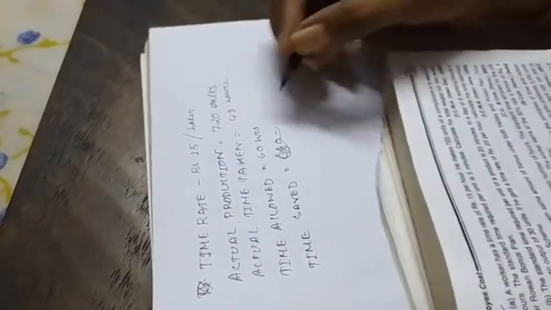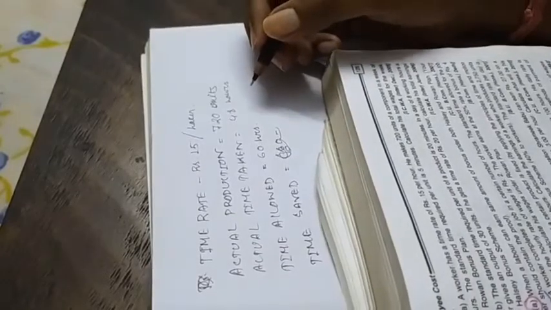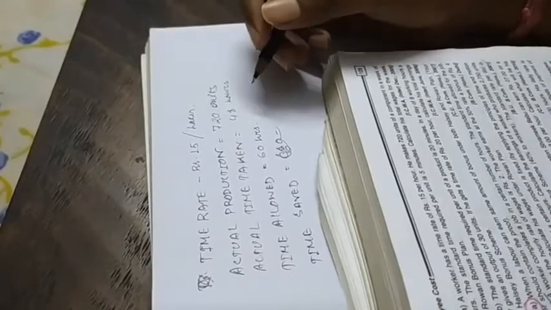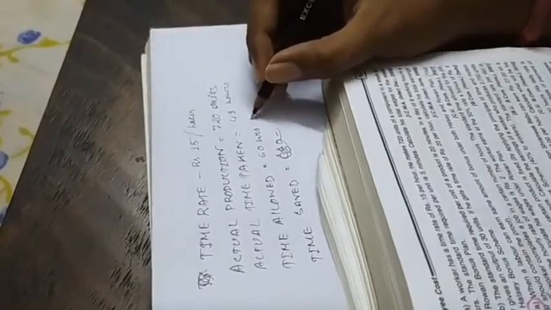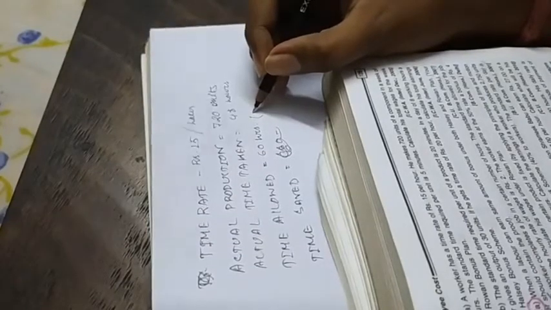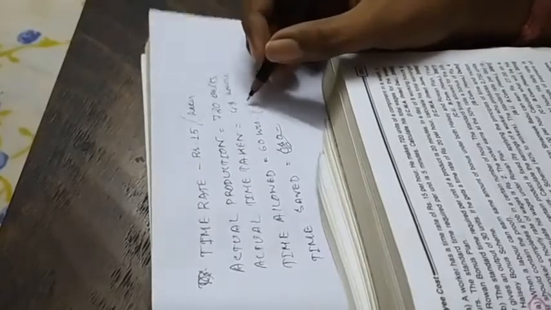This worker has made 720 units in 48 hours, and the standard time required for any unit production is minimum 5 minutes. So you have to calculate how we get the amount of time allowed.